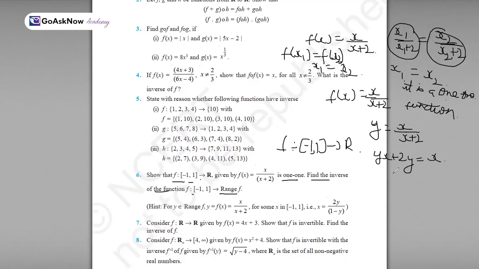So take x common from here. 2y will be here, and x times 1 minus y will be remaining here. So x will come out to be 2y by 1 minus y. So that is the value of your inverse function, because you have found x in terms of y.